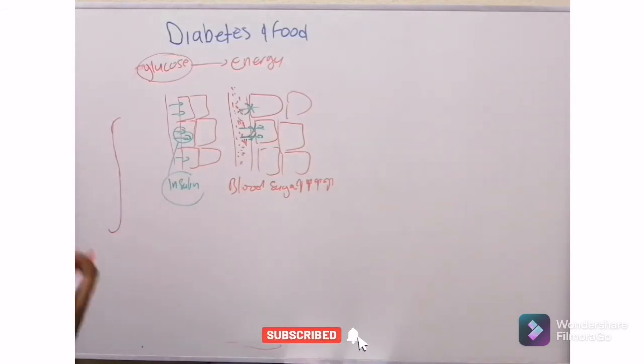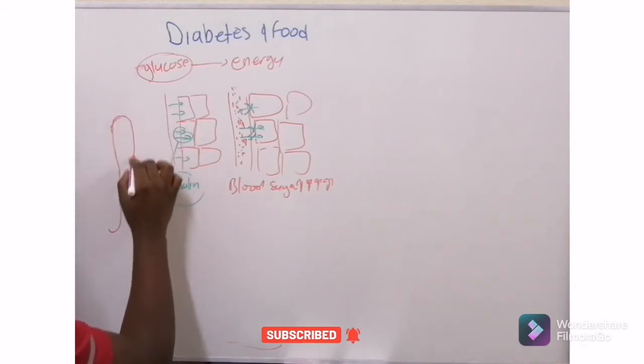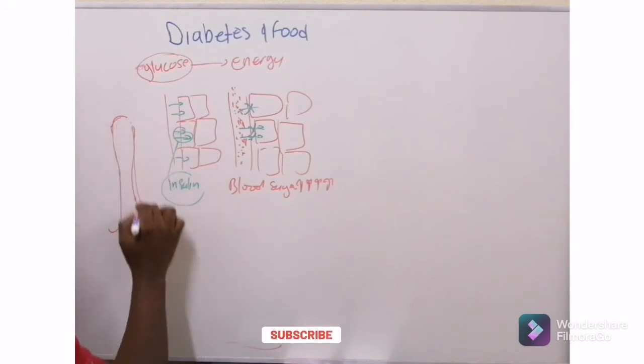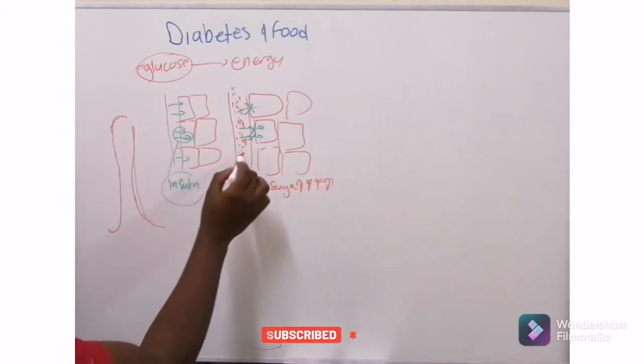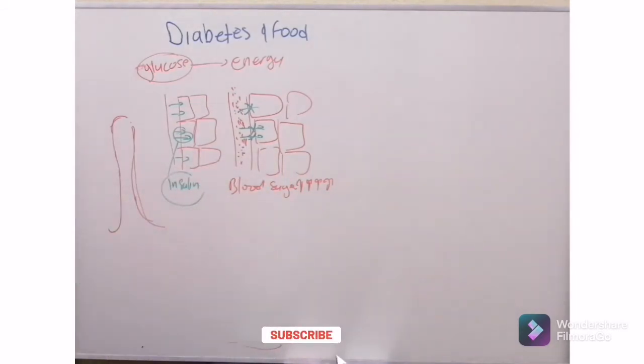But because I'm not diabetic, my insulin is still functioning. So within 2 hours, that blood sugar is going to drop. And the reason why it drops is because the insulin is able to take that glucose into the cells.